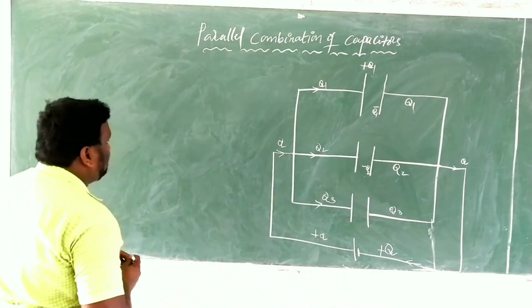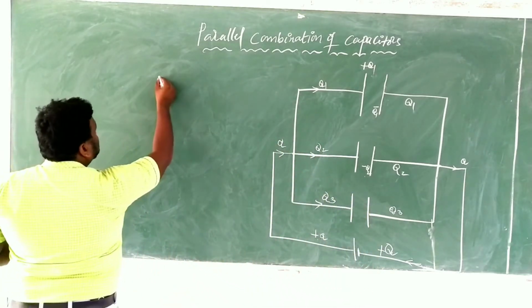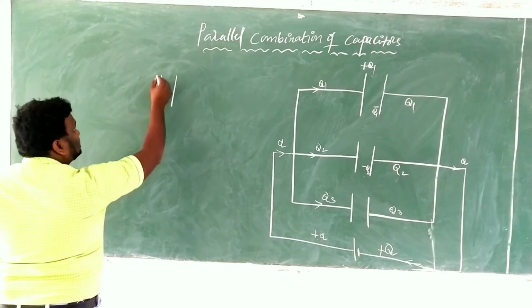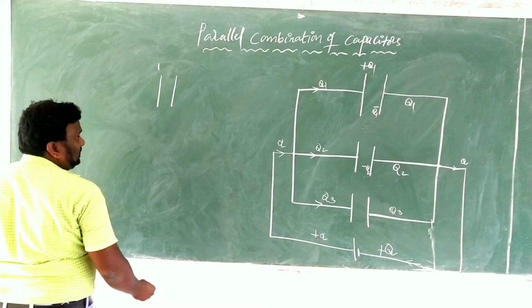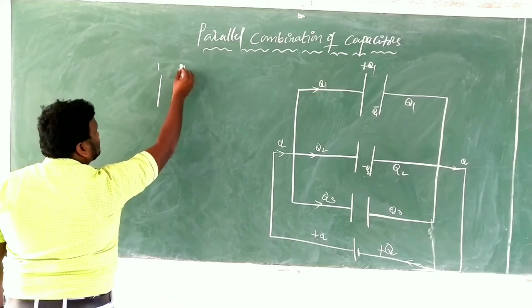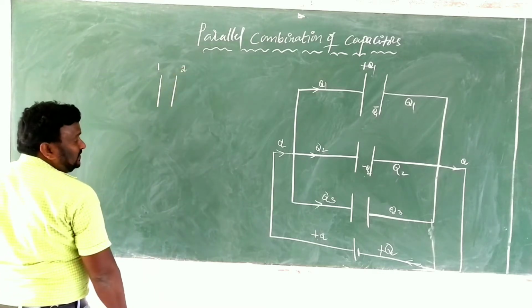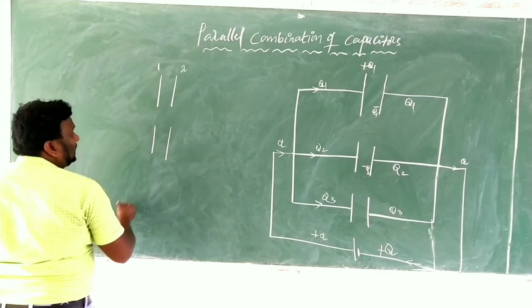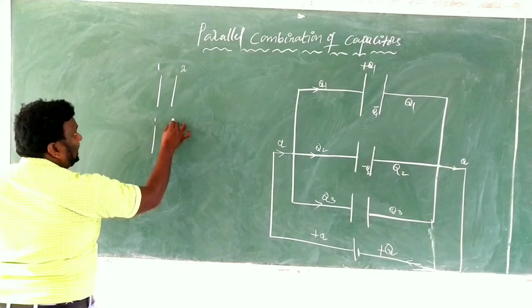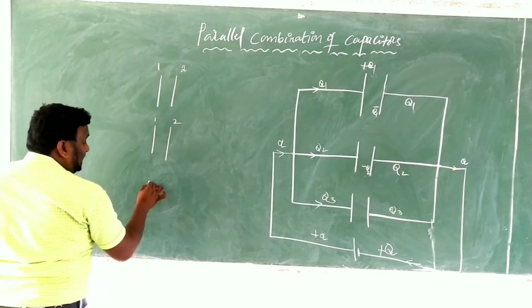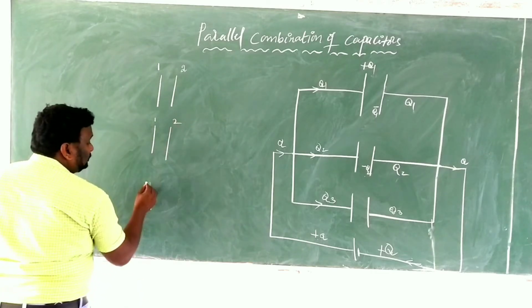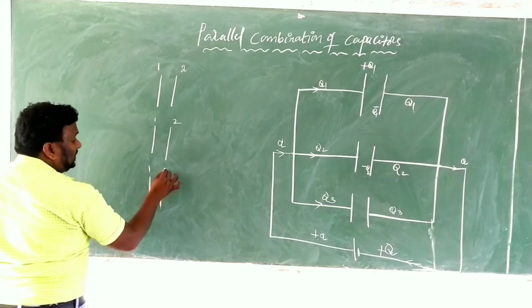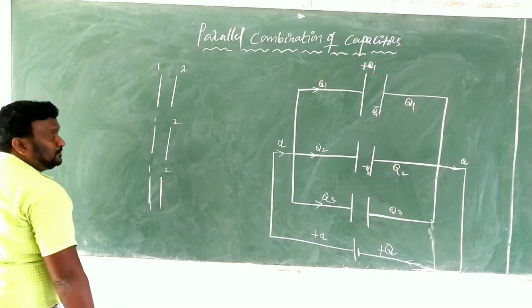I already explained it here. This is one capacitor. This can be taken as the first plate and this as the second plate. Now this is another capacitor. Again this is the first plate and this is the second plate, and this is another capacitor, again with first plate and second plate.